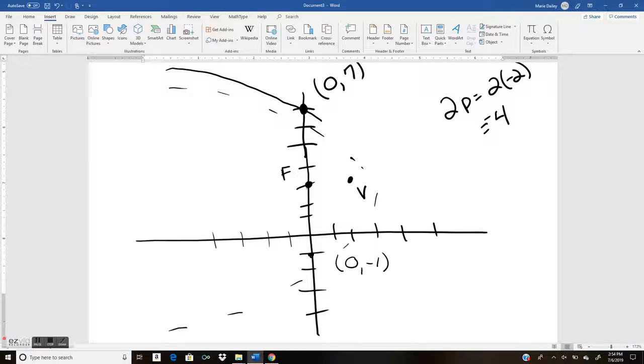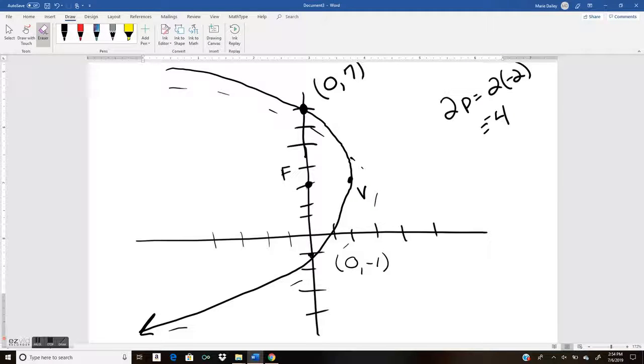Remember, it's going to hit that latus rectum point, hit the vertex, and then hit the other latus rectum point. And just so I don't confuse everybody, this dotted line was just to show you where it was initially going to go, so I'll just erase those. Okay, so there is my graph.